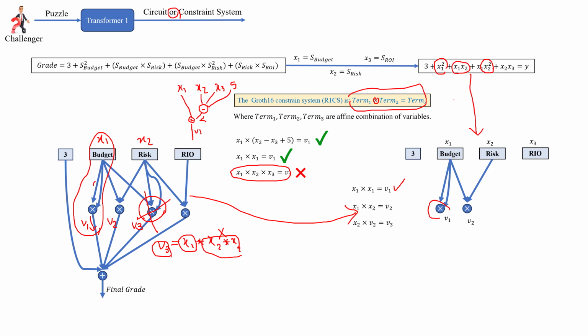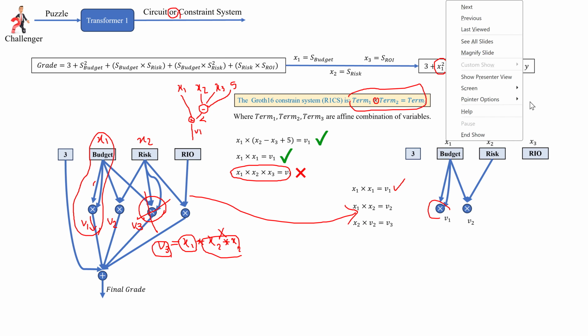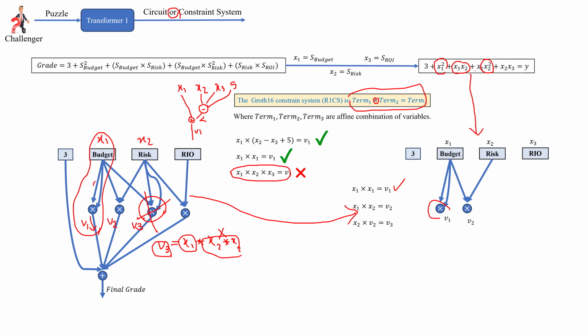Then we want to manage X2 multiplied by V2, which is this term in our scenario. So then we define the third gate or the third constraint, and they are valid based on the R1CS form.